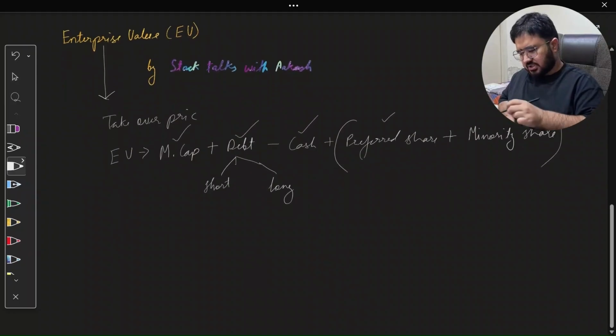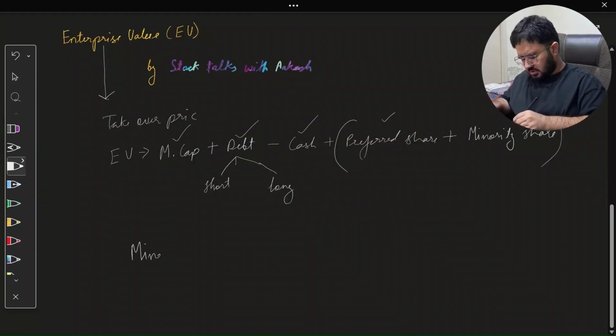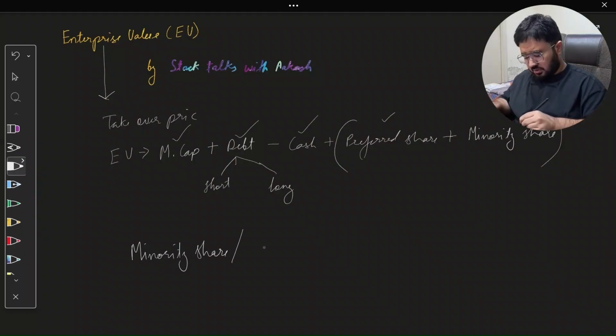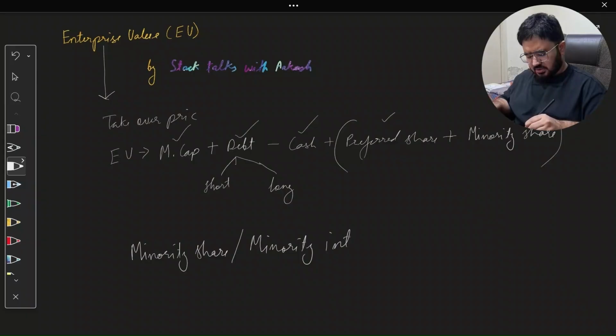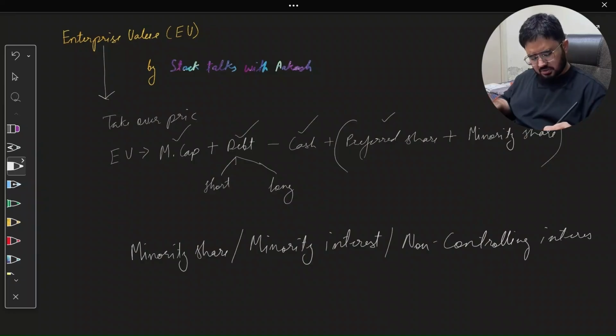So minority share, or also called minority interest or non-controlling interest. These three are equivalent.